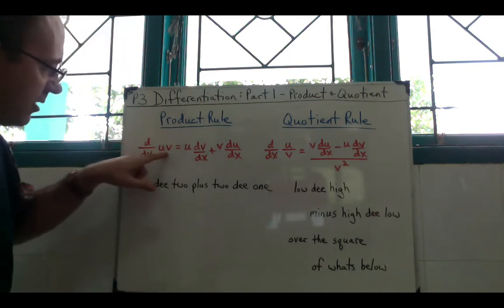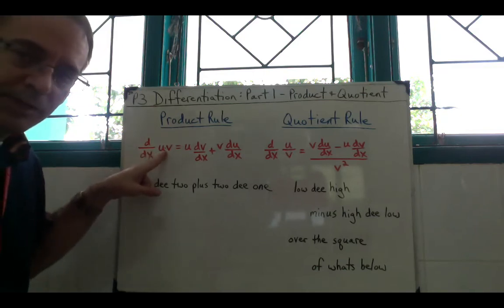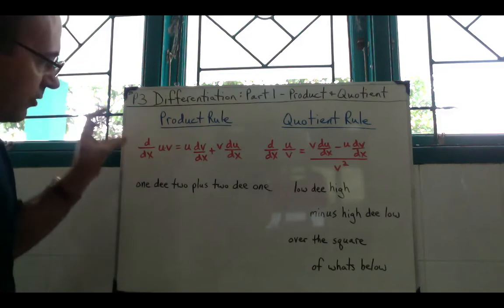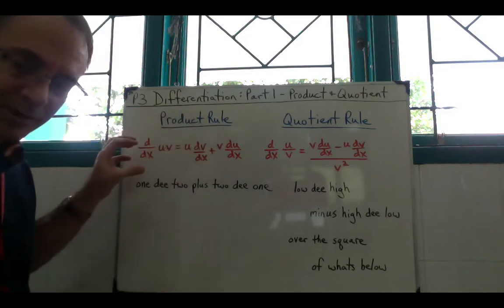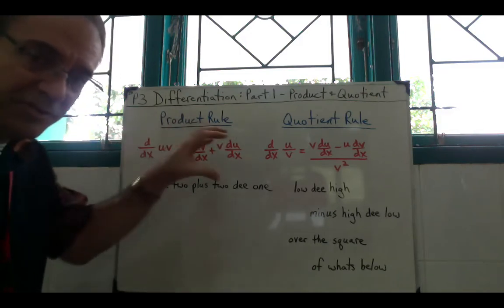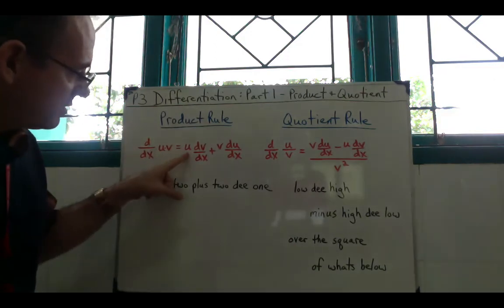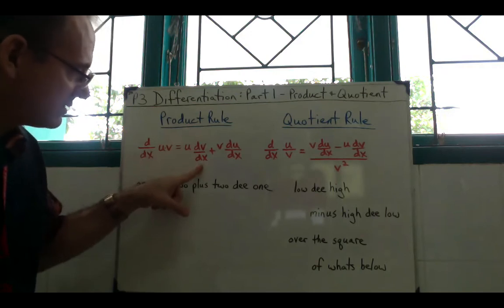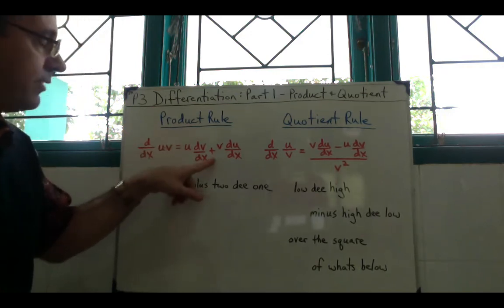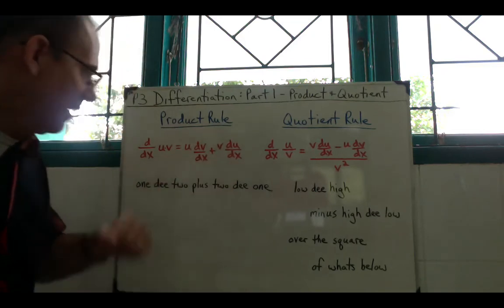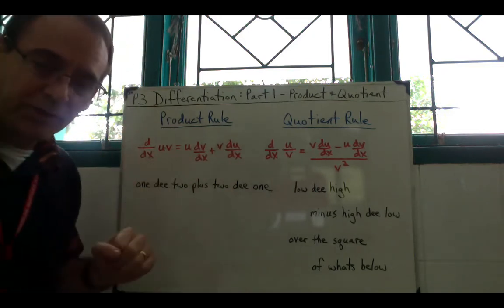And these two terms are being multiplied together, hence the product rule. So the answer to that is u times dv over dx, plus v times du over dx. And this is in your formula sheet.